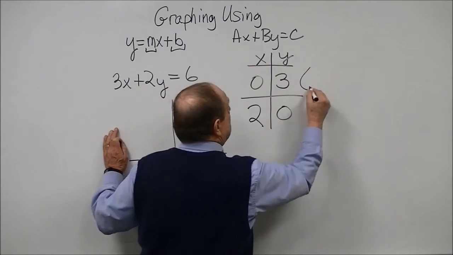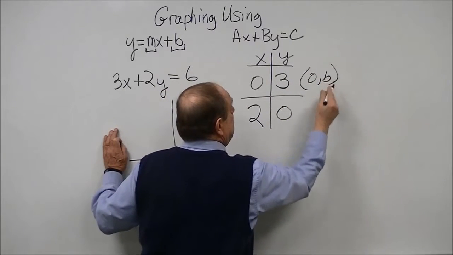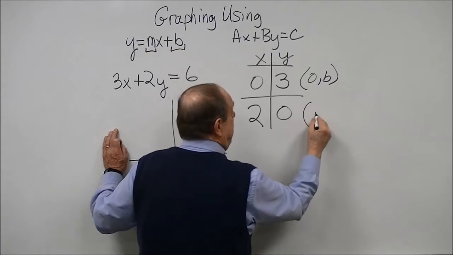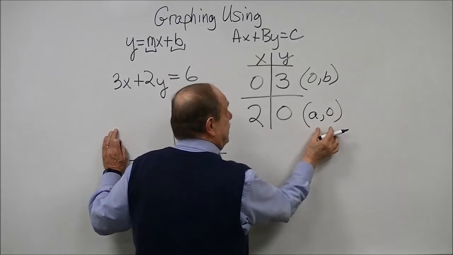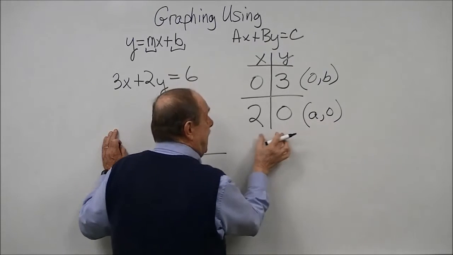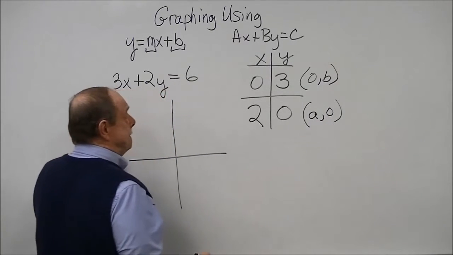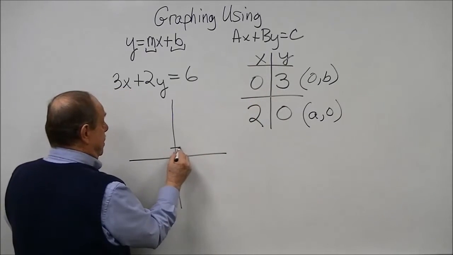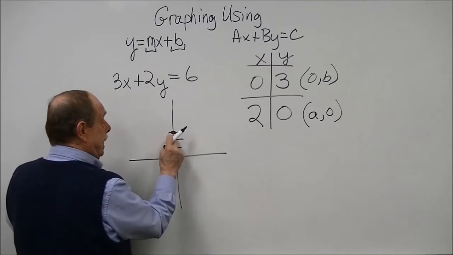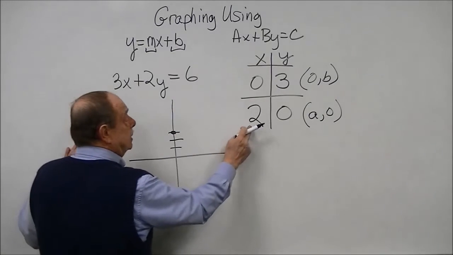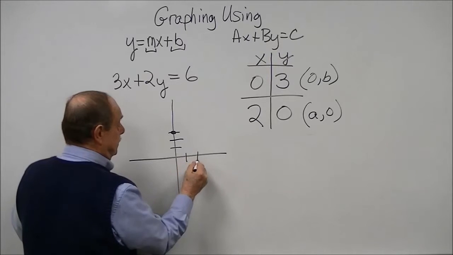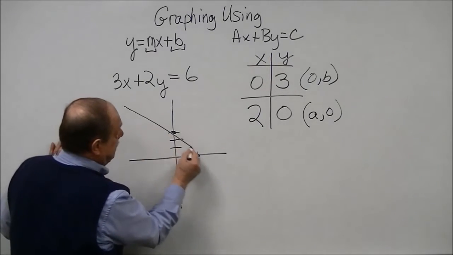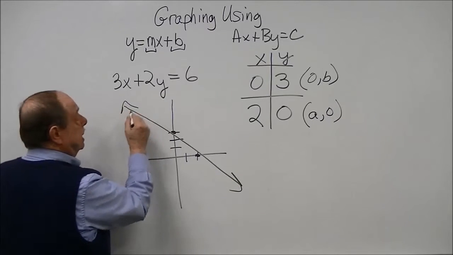Remember, this is in the form of (0, b), which is your y-intercept, and (a, 0), which is the form for the x-intercept. So (0, 3) is 1, 2, 3. That's your y-intercept. (2, 0) is your x-intercept. And then there's the line.